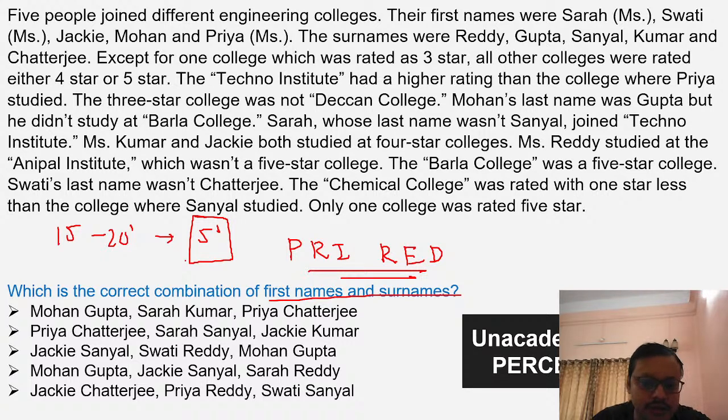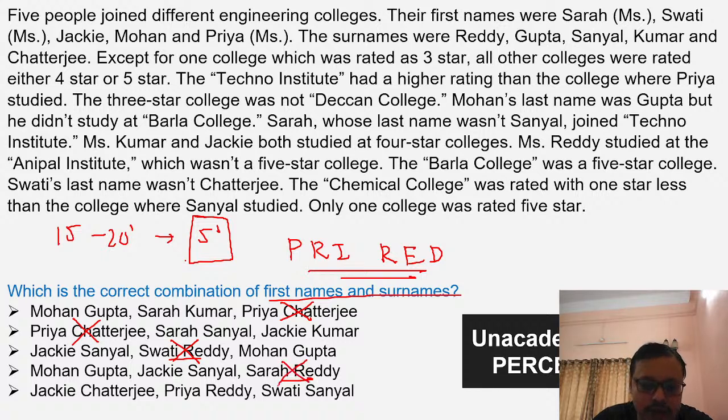The moment you see Priya, it says Priya Chatterjee, which is incorrect. So you automatically have 2 options which you can eliminate because they are saying Priya Chatterjee. Swati Reddy is also incorrect because Reddy's first name is Priya.